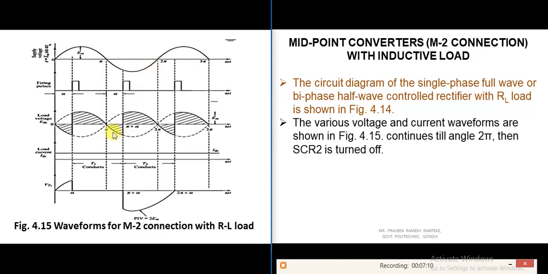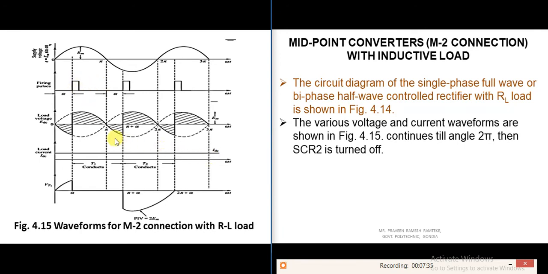Because we will obtain output for the positive half cycle and the negative half cycle. For each half cycle we are getting output, that's why half wave.